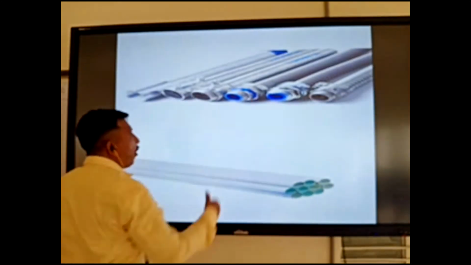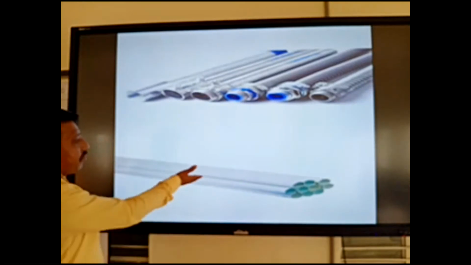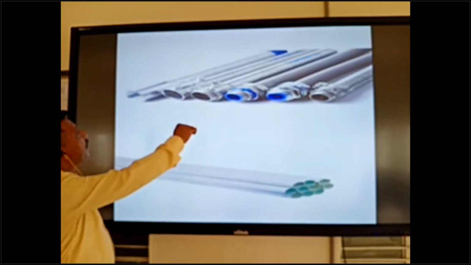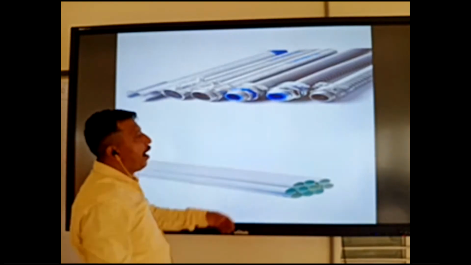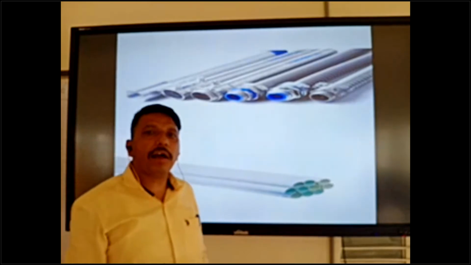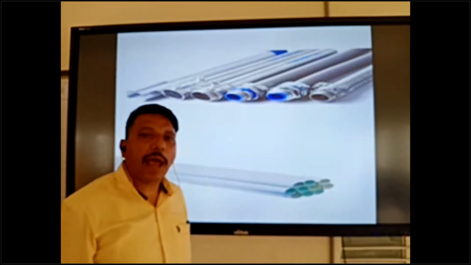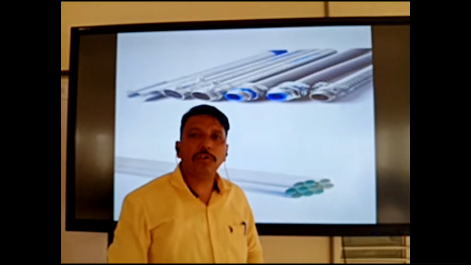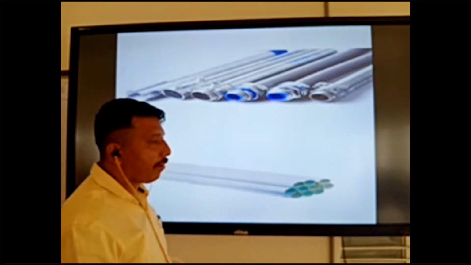So these are the electrical conduits: PVC conduit, GI conduit, EMT conduit, and flexible conduit. We use them as per building or site requirement. Which type of conduit is required? As per your drawing, we use the conduit.